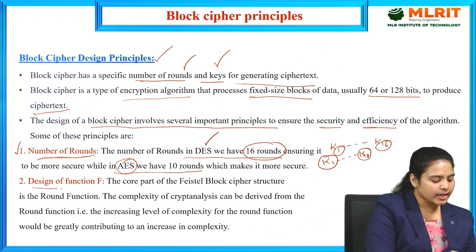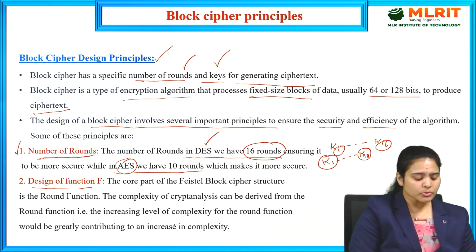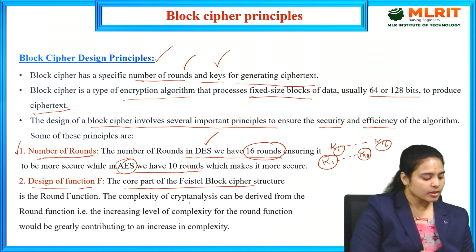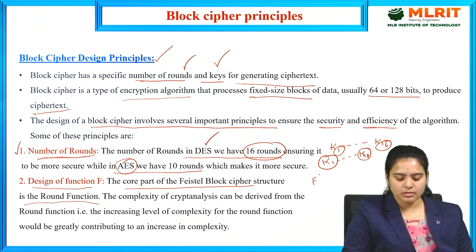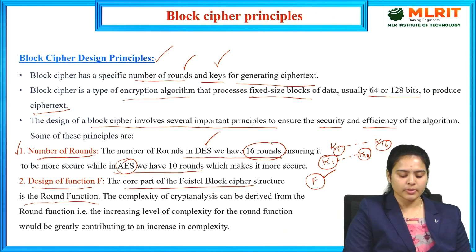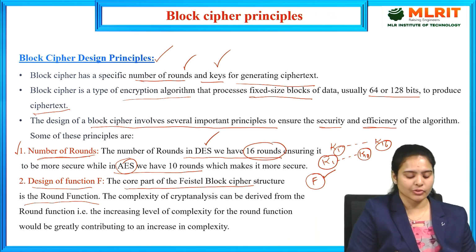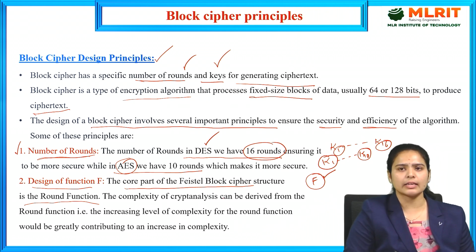Next, second one is design of the function, denoted by F. This design of the function is a core part of the Feistel block cipher structure. This Feistel block cipher structure also has a round function. So it is a round function, basically used in DES and AES functions.